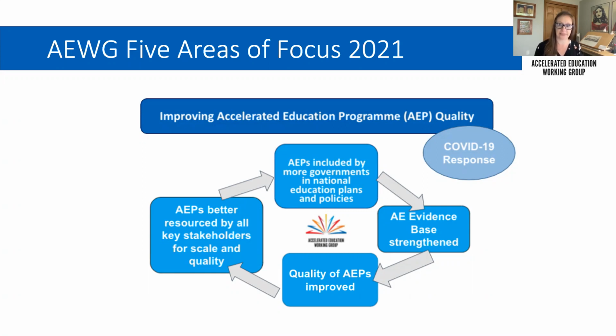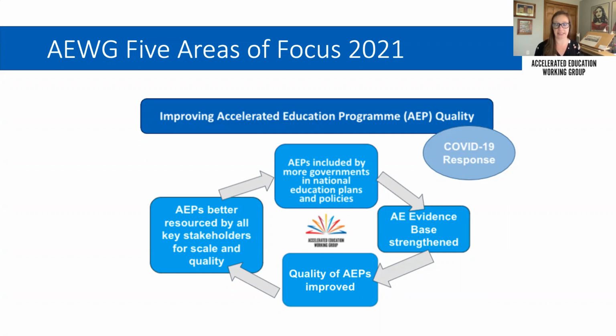Second, the AEWG is focusing on strengthening the evidence base, which I'll talk about in just a bit. And then third, we're really focusing on seeing the quality of accelerated education programs improve, and that's really going back to the definitions, the decision tree, the guidance, and the principles, but then all of the various tools and guidance that have been developed over the years are really for the purpose of improving and supporting the improvement of quality provision of accelerated education.